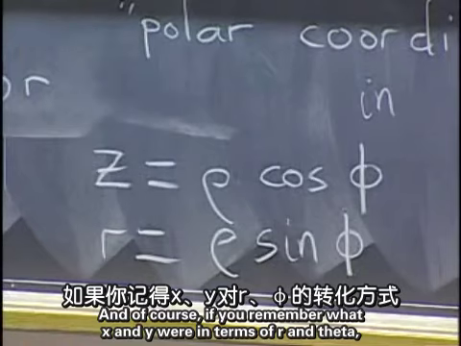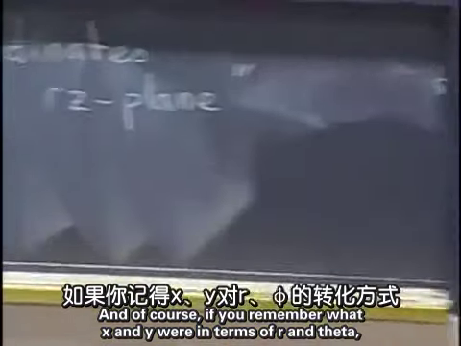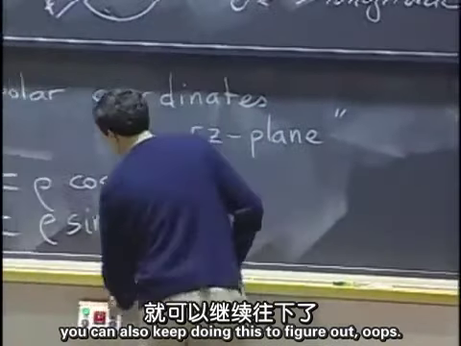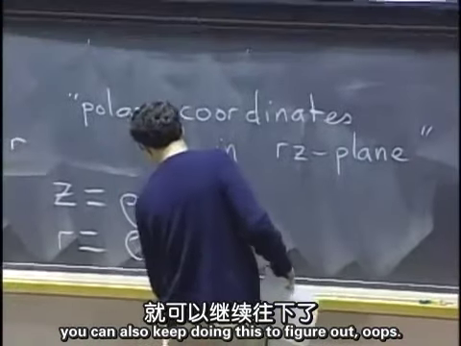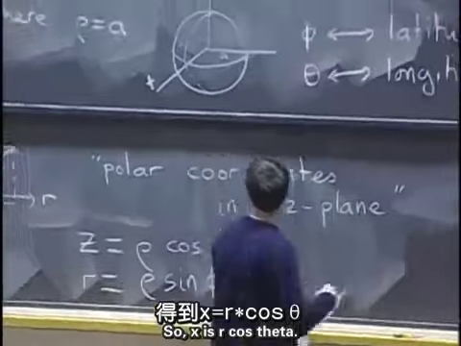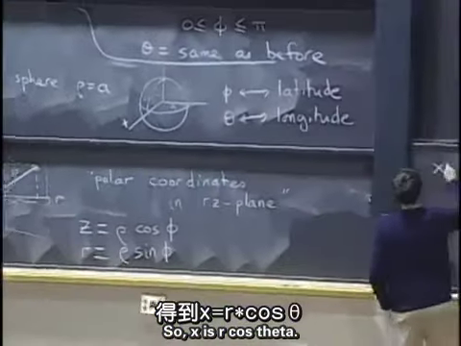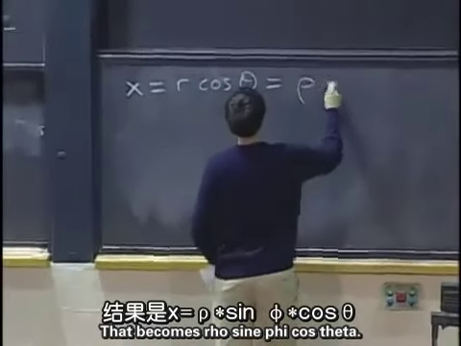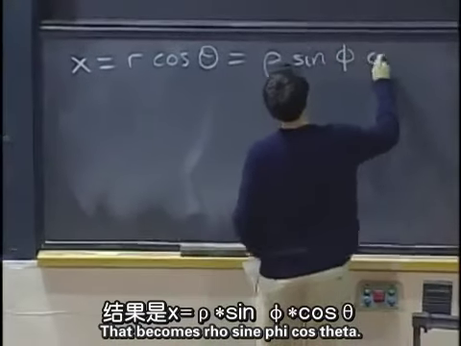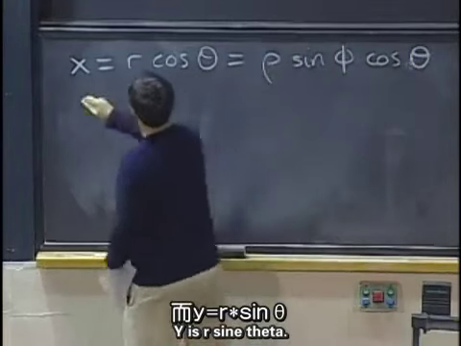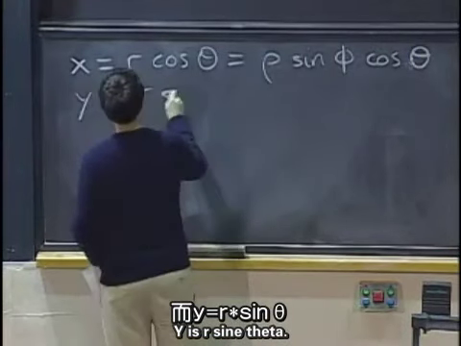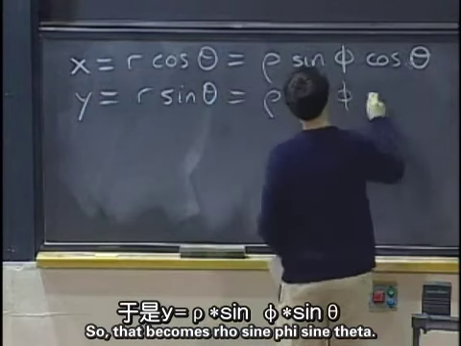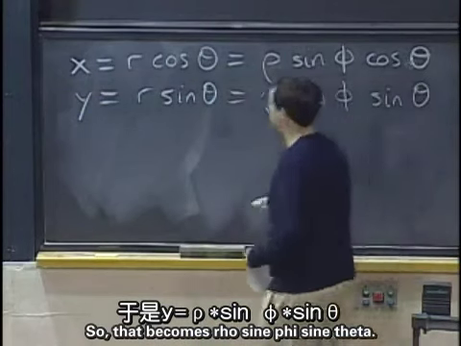And of course, if you remember what x and y were in terms of r and theta, you can also keep doing this to figure out x, y, z. So x is r cos theta, that becomes rho sine phi cos theta. y is r sine theta, so that becomes rho sine phi sine theta.